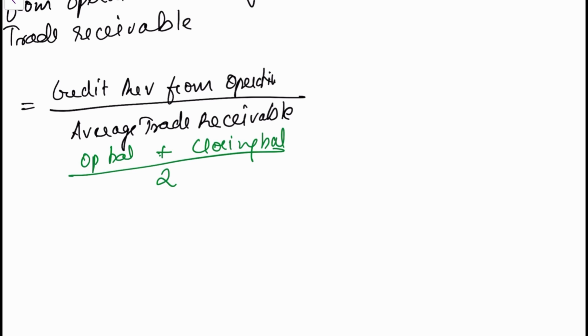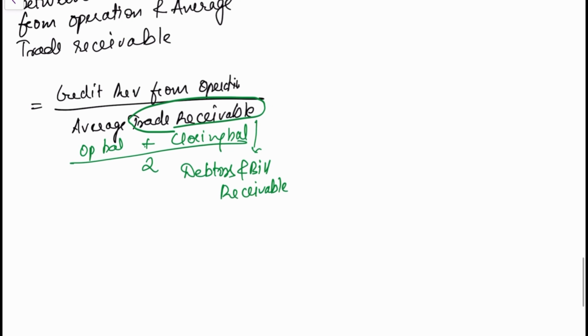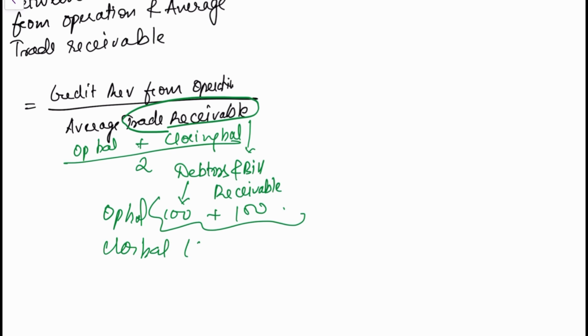Okay. Then trade receivable, there are 2 types: debtors and bill receivable. So in the question, if both are given, then you have to calculate the trade receivable like, if we say debtors 100 plus bill receivable is also 100, this is the opening balance, and closing balance 150 plus 150.